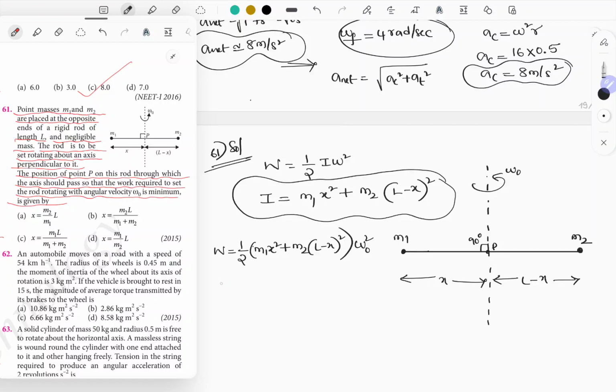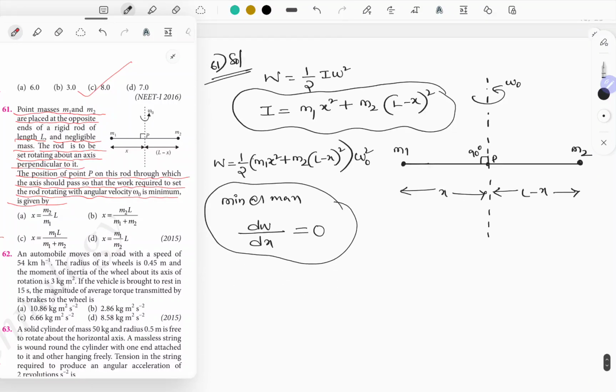They said the work required to set the rod rotating with angular velocity is minimum. That means for minimum or maximum we have to differentiate the given equation with respect to the variable. What's the variable here? x is the variable, so we have to differentiate with respect to x and equate it to 0. This is the condition for finding minimum or maximum. Let me differentiate this. 1 by 2 omega naught square is going to be constant.